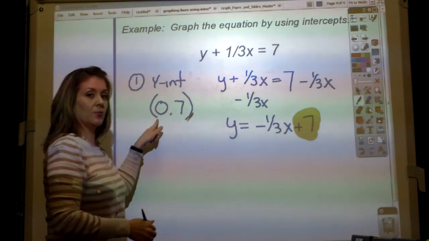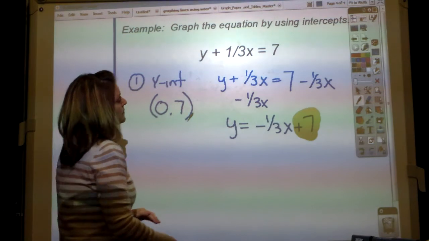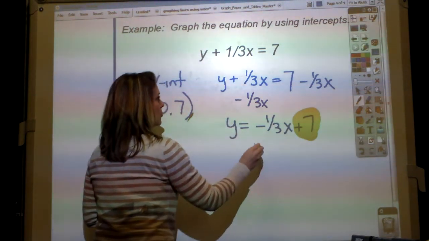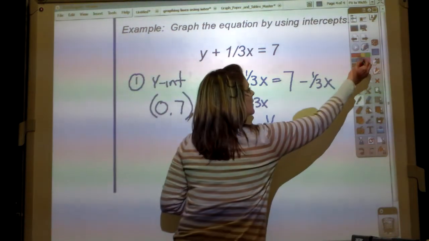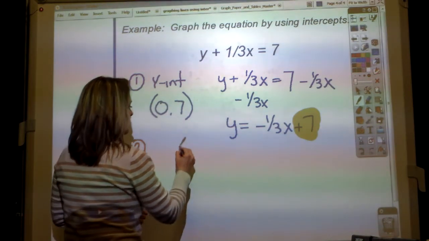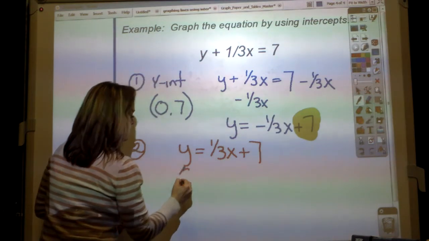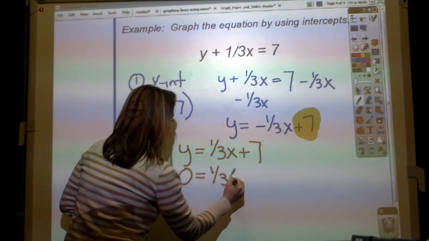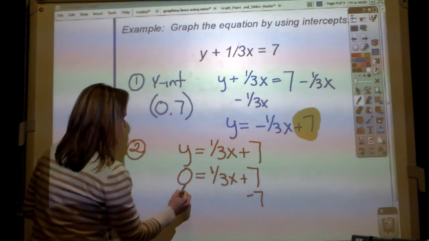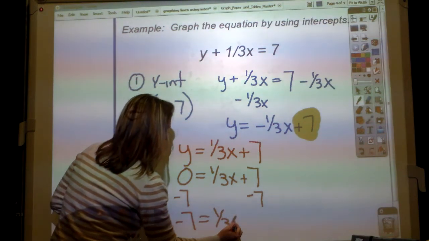That's going to be one point that we're going to graph to make our line. Now we use that same equation, put 0 in for y to find out what the x-coordinate will be. So using y equals negative 1/3 x plus 7, we're going to put 0 in for y, subtract 7, so negative 7 is equal to negative 1/3 x.